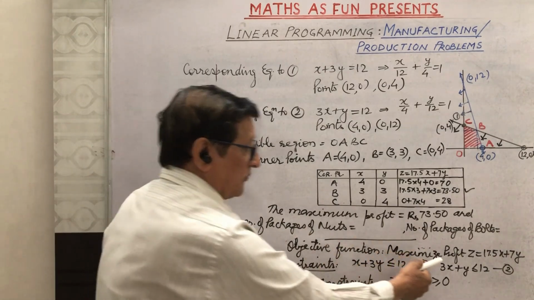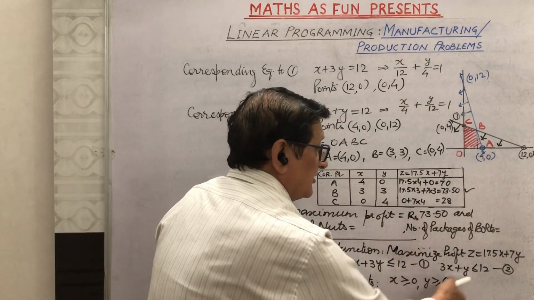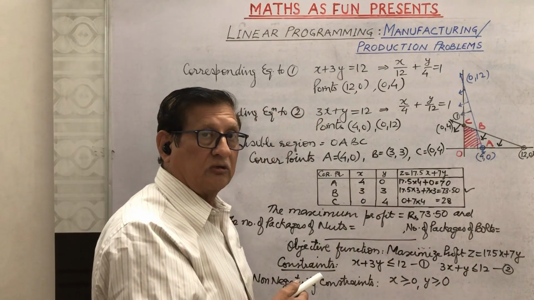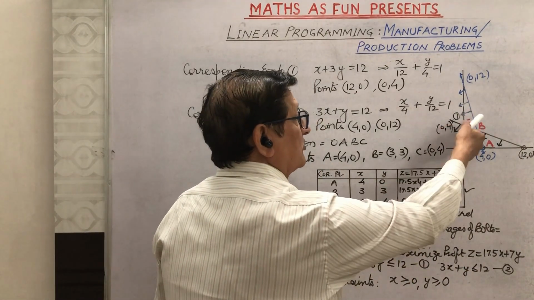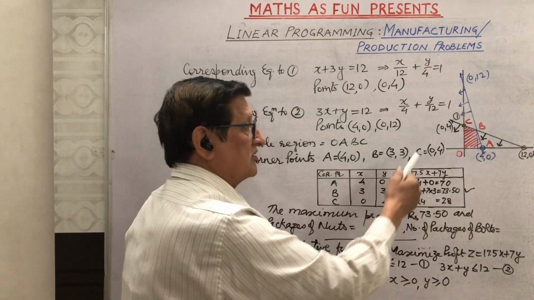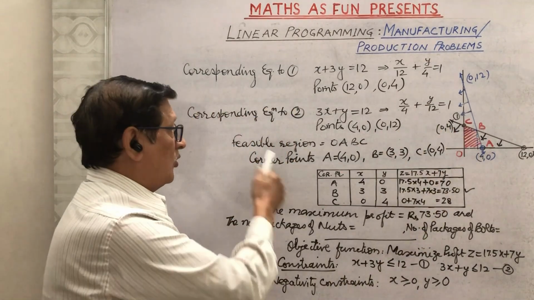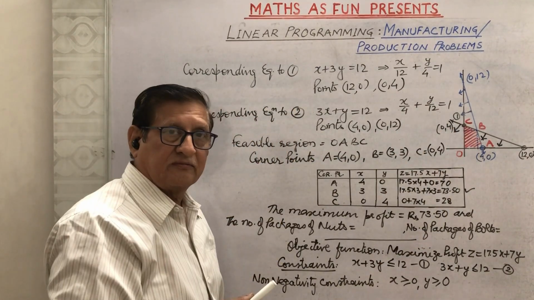Then we find 0 plus 0 is less than or equal to 12. It means the origin lies in the solution region of this inequality also, so we mark towards the origin. It means the common region, that is the feasible region, will be OABC. OABC is the feasible region.